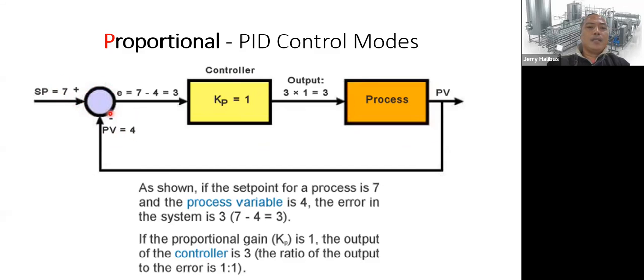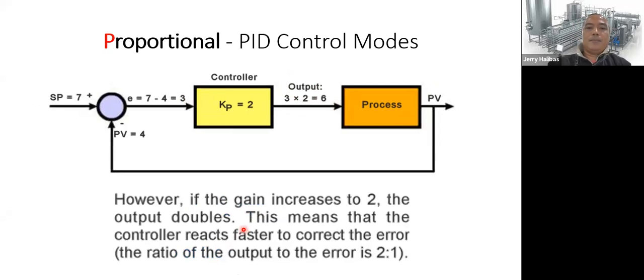This is a summing device, so it's 7 minus 4, the difference between the set point and the process variable. 7 minus 4 is 3, so 3 is your error. Since this is linear, you just multiply: 3 times 1, so your output is 3. So you have an idea.